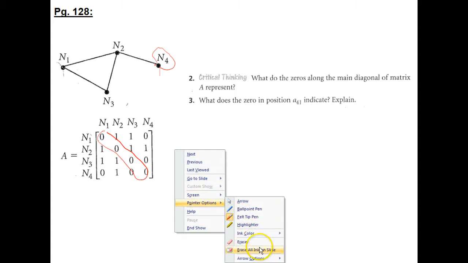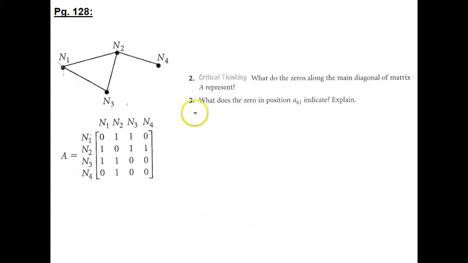Actually, let's do this next one first. What does the A41 mean? Nick? Good. Zero means no path. One means a path. So between N4 and N1, we don't have a path.